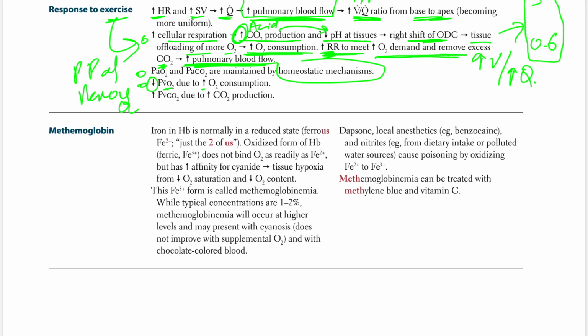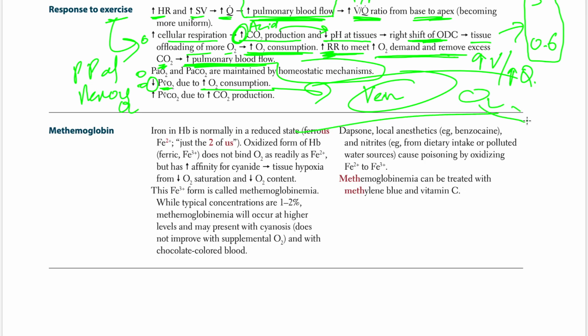There's a decrease in partial pressure of venous O2 due to increase in O2 consumption. So in the veins, let's say this is a vein, you have O2. If you consume a lot of it, you will decrease the level of O2 in the veins. Simple. But if you produce a lot of CO2, it would come into the vein. That would increase the PvCO2. Simple.